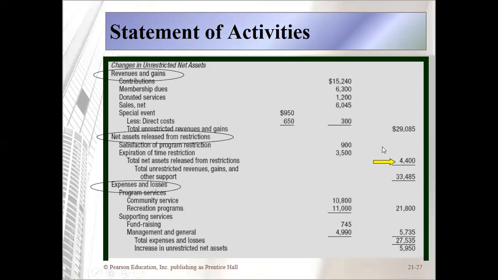That's why it is a plus here. And we get the total of unrestricted revenues, gains, and other support, less the expenses and losses. That would be the increase in unrestricted net assets in this case. So meaning to say this is profit for this particular year.